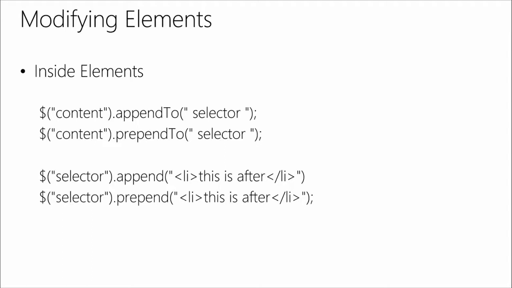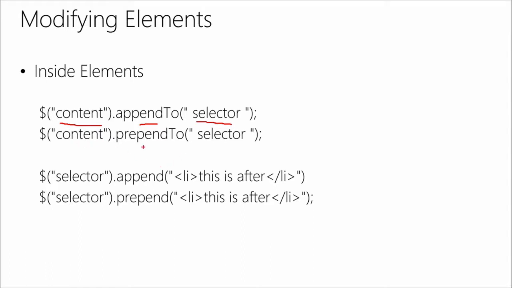The first ones would be that we take the content that we want. So this could be the same stuff that would have been in maybe the HTML method from the last slide or anything like that. And then I could tell it to append to some selector. So it could be all of the paragraphs or something by class or whatever kind of selector I'm going to use. I'm going to append content to that selector.